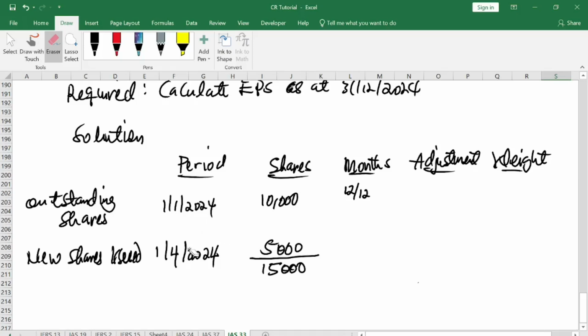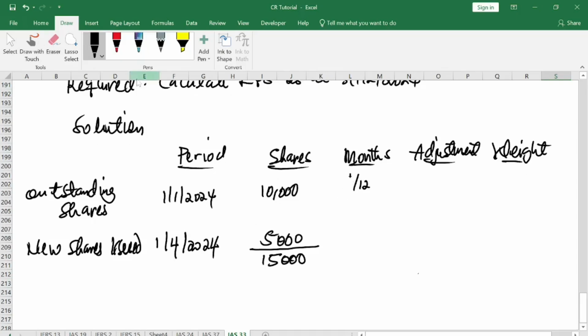April did not end. April is 1st April. So it's only traveled for 3 months, because it traveled up to April 1st.